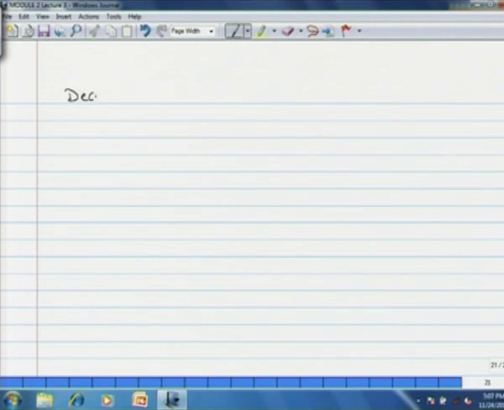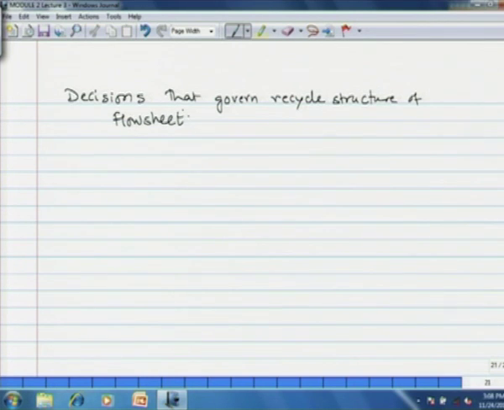Now, let us list the decisions that we need to make while deciding the recycle structure. The first decision that we need to make is how many reactor systems are required and should there be any separation between these systems.